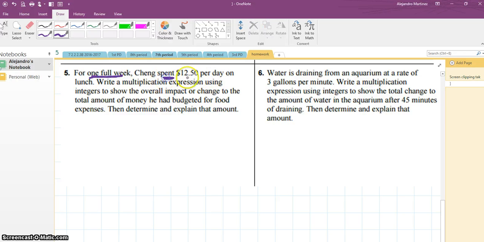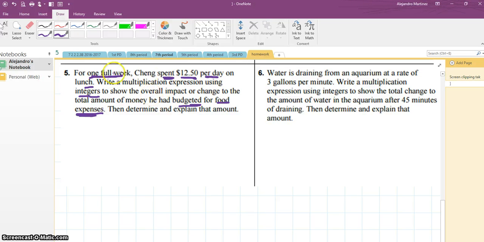Chang spent, gastó $12.50 per day, por día. Write a multiplication expression using integers to show the overall impact or change to the total amount of money he had budgeted for food expenses. So, vamos a ver, su presupuesto que tenía para los gastos de comer, ¿ok? Los gastos de lonche. Okay.